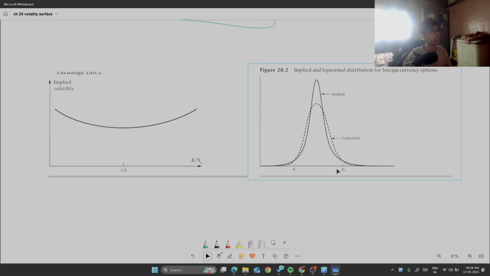Now let's move to the next topic, and our next topic is very important: volatility smile on foreign currency options.